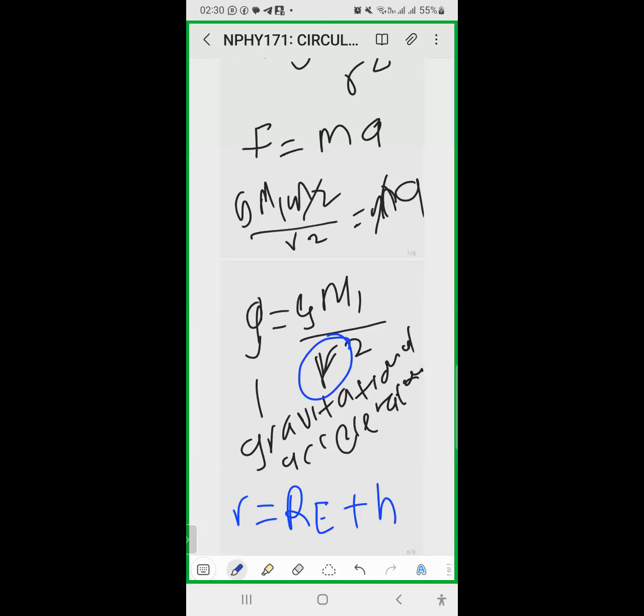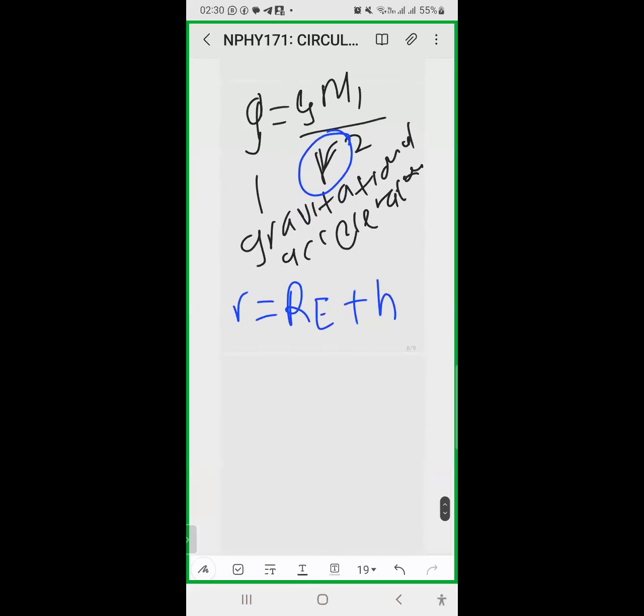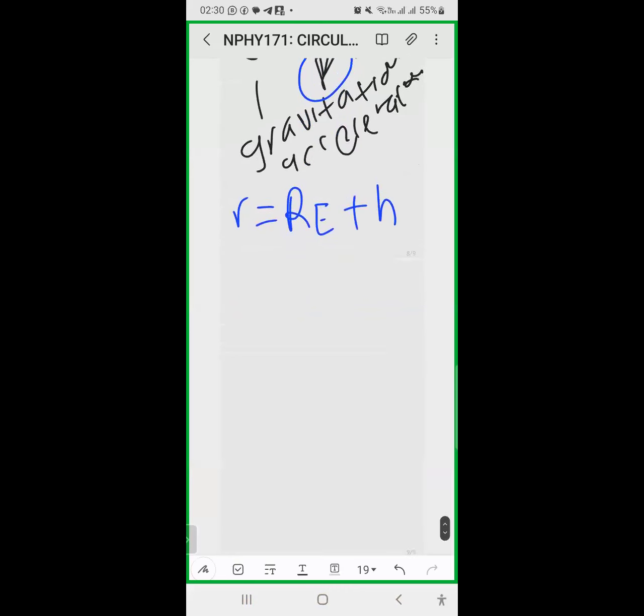We know that the Earth rotates, right? So as a result, Earth maintains a circular motion.